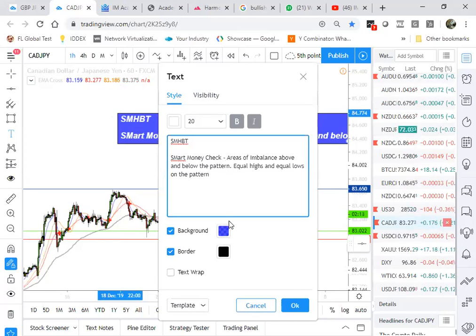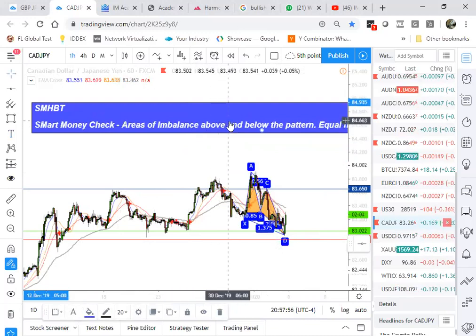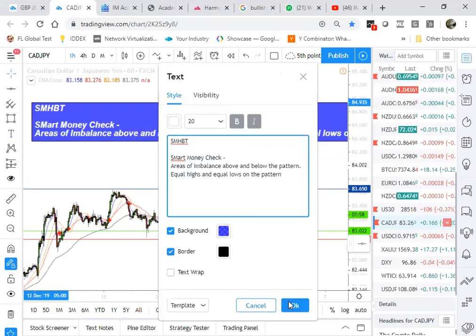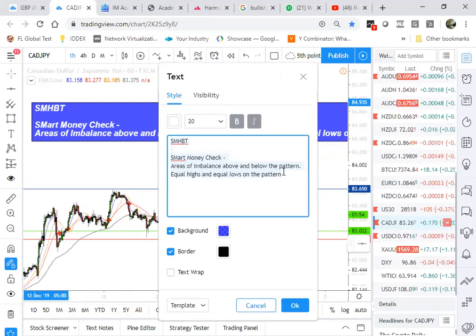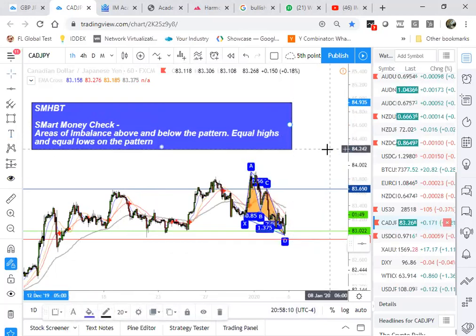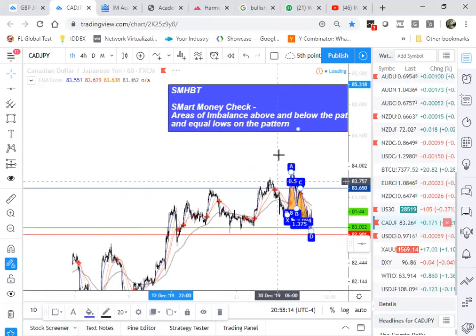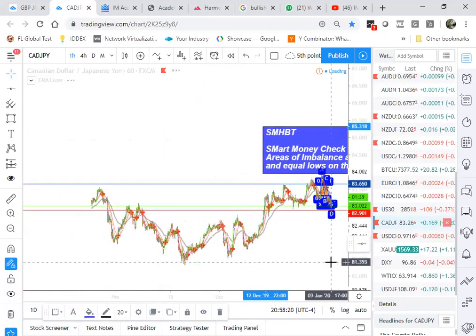So let's look at that first check, the smart money check. Now, to understand the smart money check, you need to understand smart money concepts.